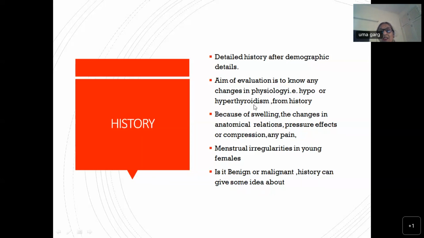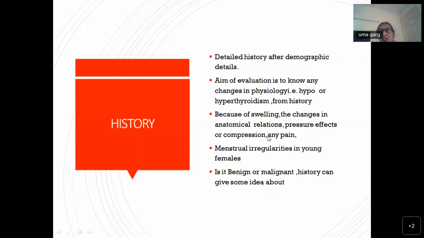Now, because there is a swelling in the thyroid, as we are discussing evaluation of a thyroid swelling, there are changes in the anatomical relations. The relation to the trachea is there, the relation to the esophagus, which is behind the trachea, then in the tracheoesophageal groove the nerve is there, then the carotid sheath is there. Because of these relations, there may be certain symptomatology, certain pressure symptoms, or sometimes pain.